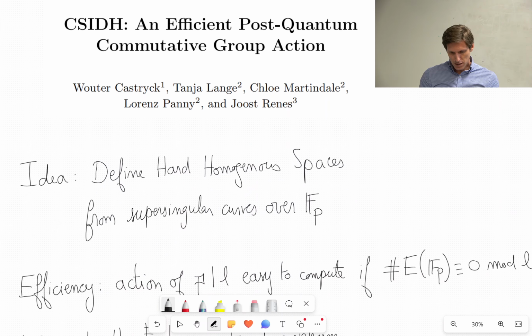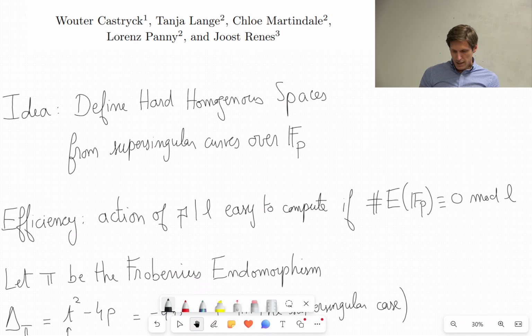And so here you redo the hard homogeneous spaces framework of Couveignes, but this time using supersingular curves over F_p.